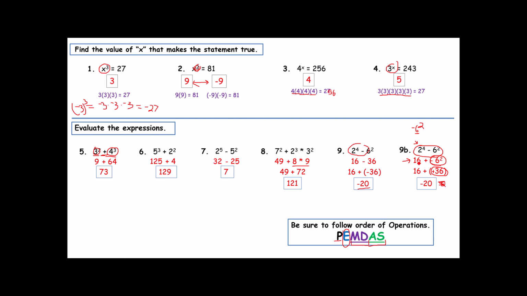In order to maintain consistency between my rules in math, it's important that we validate the definition of subtraction while at the same time making sure that our exponent rules don't mess that up. This is a good reason why we like to have that exponent only apply to the number. If I wanted it to apply to both, I'd use the parentheses, but I need to make sure this is consistent. Last one. Hopefully you realize this is 25 plus negative 8, or 25 minus 8, which is 17.